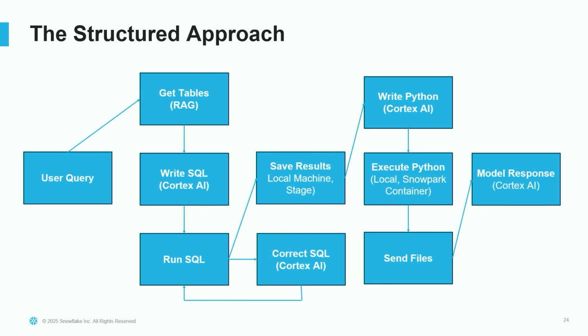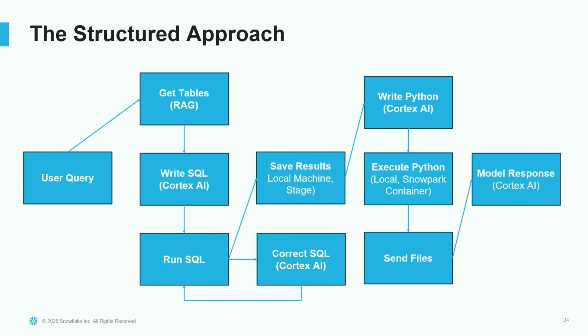As you can see, it's somewhat complex, but this is just everything we talked about already. We're taking in that user query. We're using RAG to get the relevant pieces from our data dictionary. Once we have that, we pass it as context into a new prompt, Cortex AI or your model of choice, to write SQL. Once we have that SQL, we run it, and then we'll either correct it if the SQL is wrong, or save it to our local machine or to a Snowflake stage if it's right.